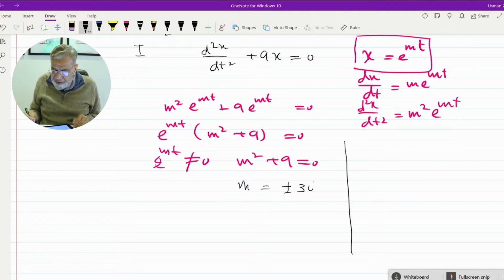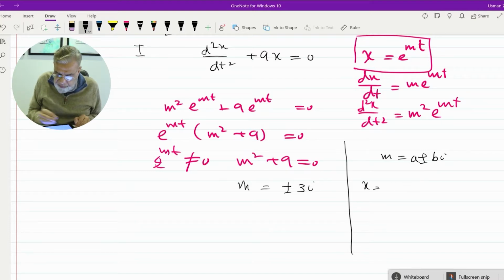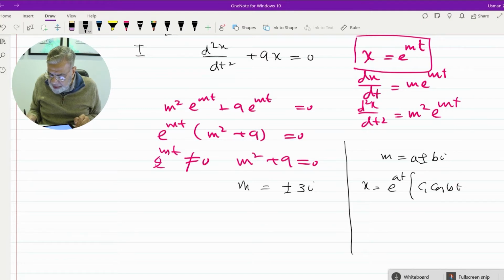When the roots are m is equal to a plus minus bi, the solution is x is equal to e to power at, and inside we have c1 cosine bt plus c2 sine bt.